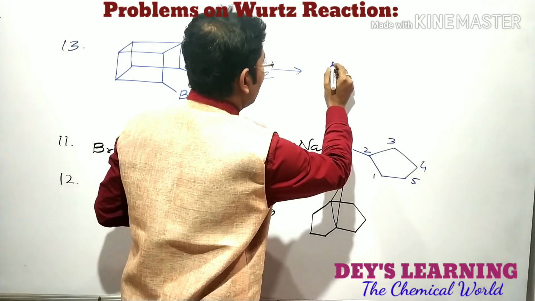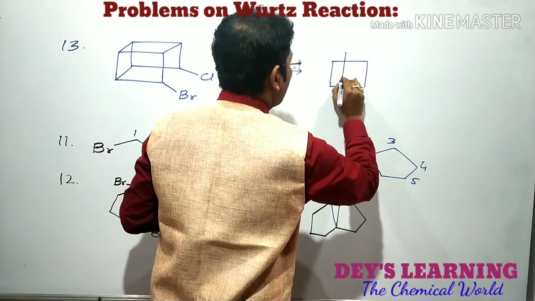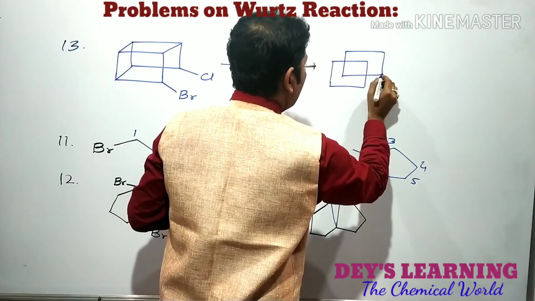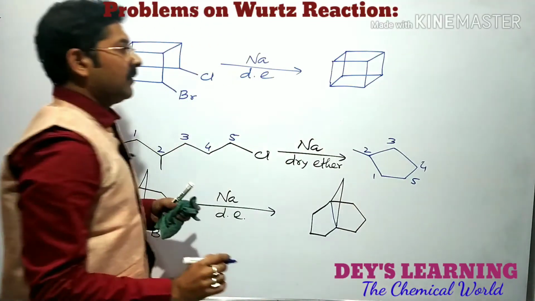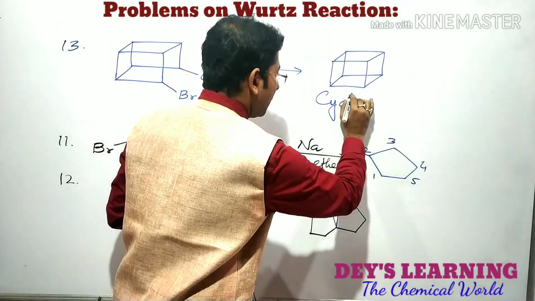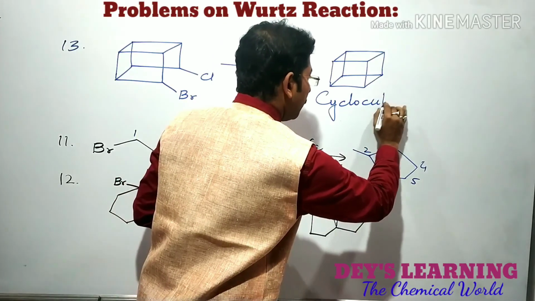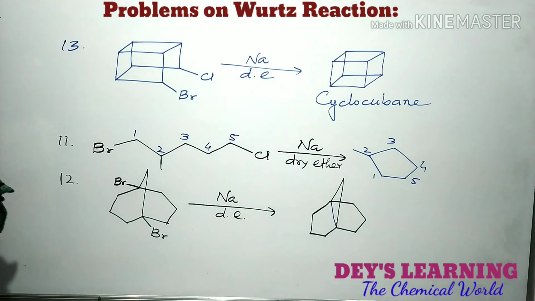So there will be a very interesting molecule. Do you know the name of the compound? The name of the compound is cubane. This is cube-like, so it is your cubane molecule.